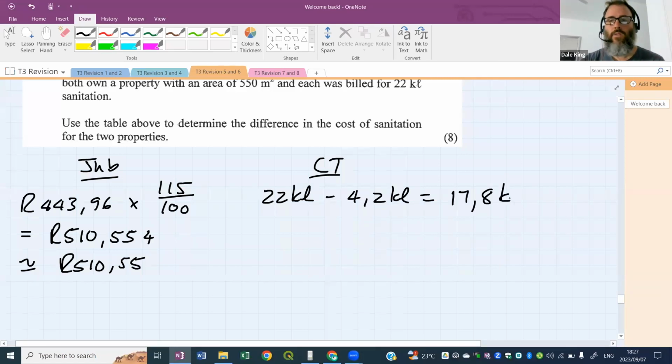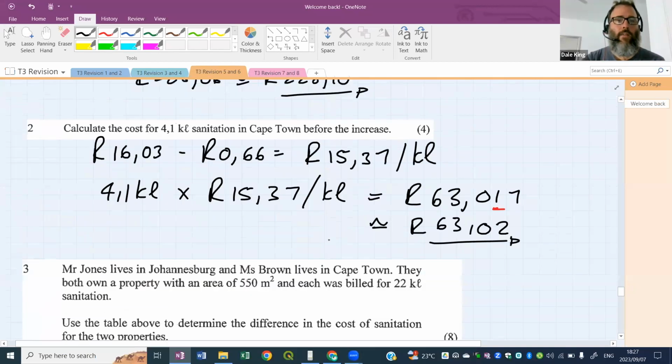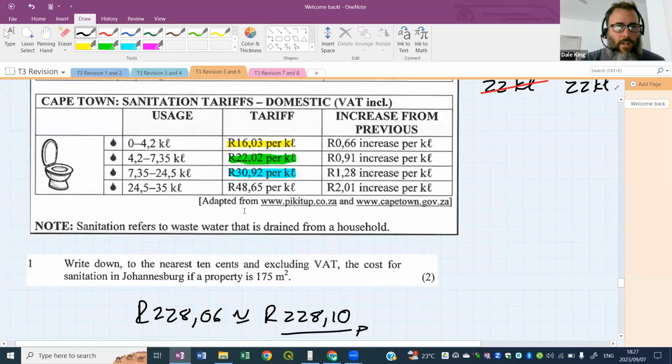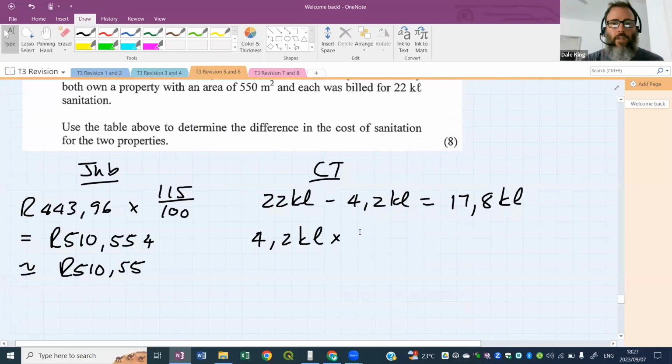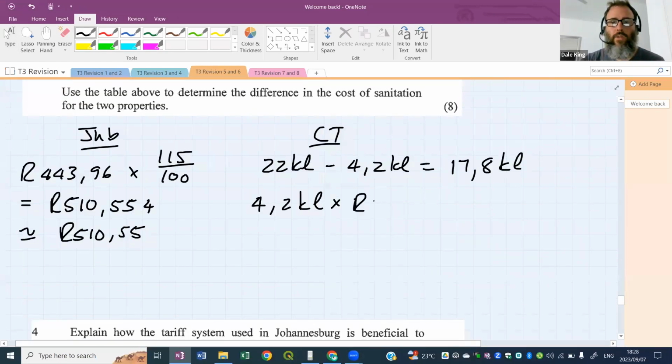That must be charged at a different rate. But this first 4.2 gets to be charged at this rate. Can you see the rate there? Yes. 16.03. All right, so I must charge the first 4.2 at 16.03.